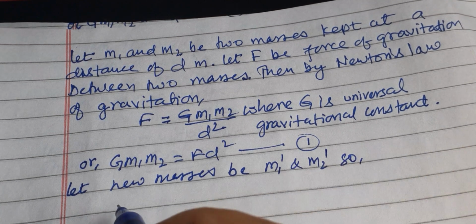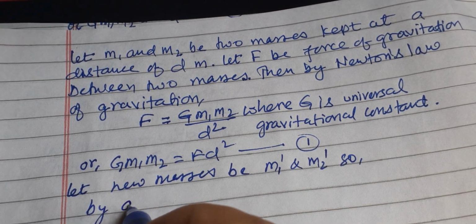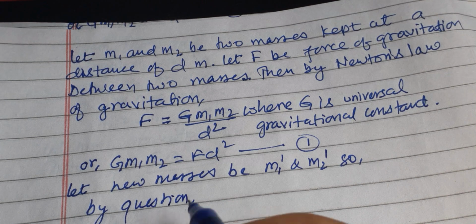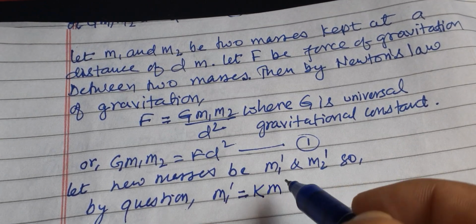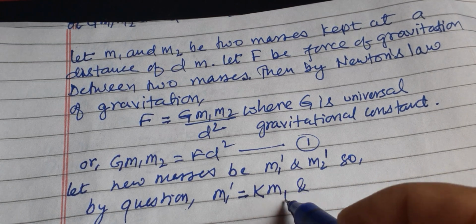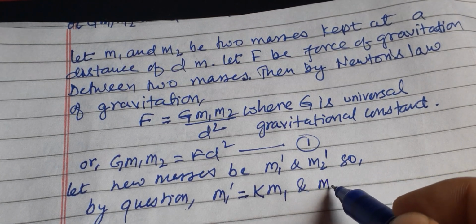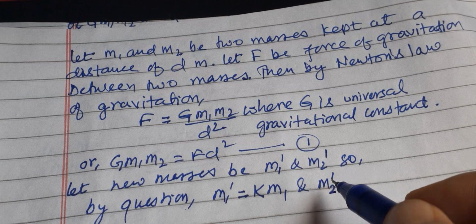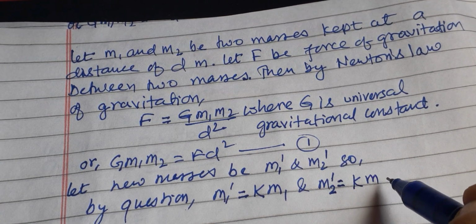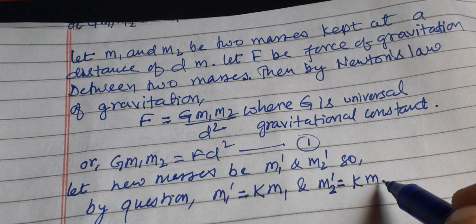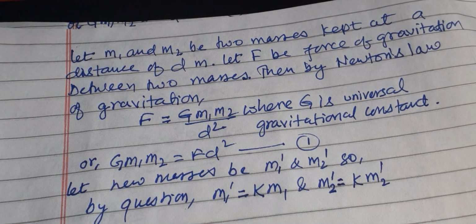So by question, m1 dash is k times the original mass m1, and similarly m2 prime, the other mass, is k times m2.